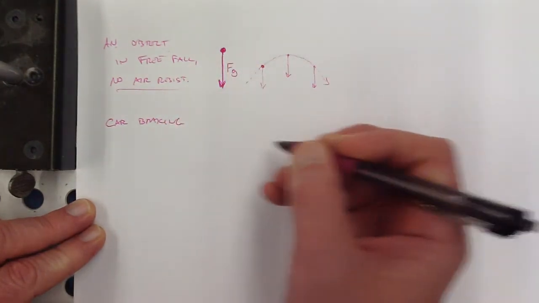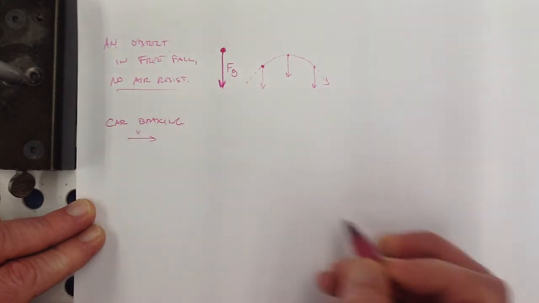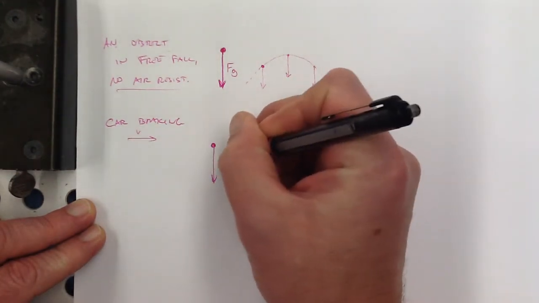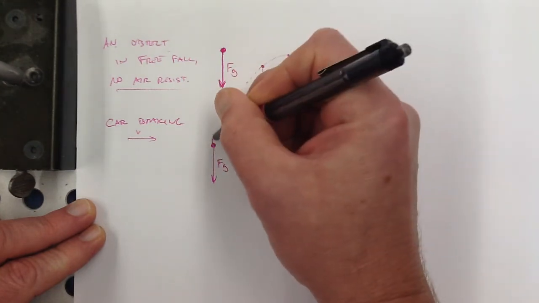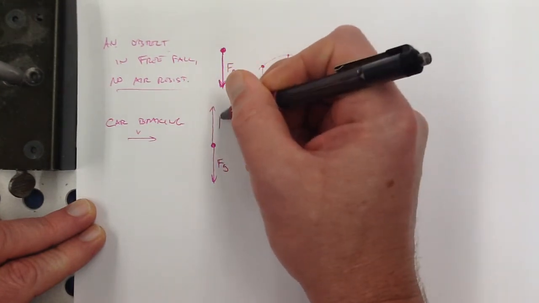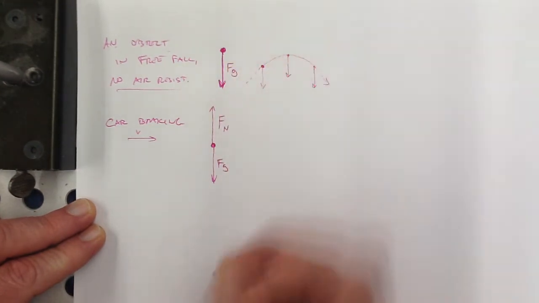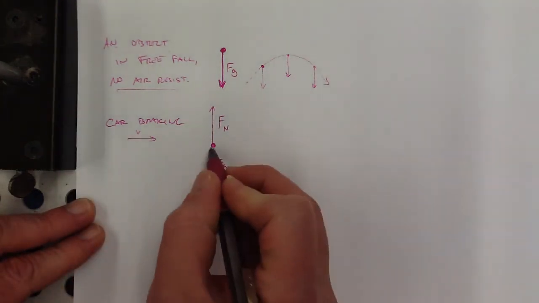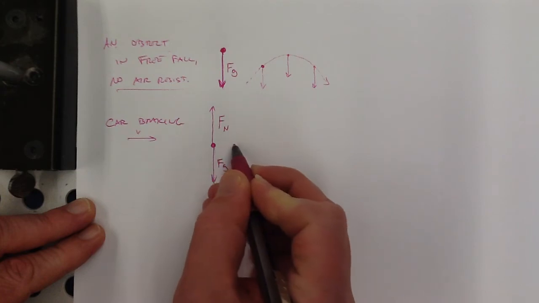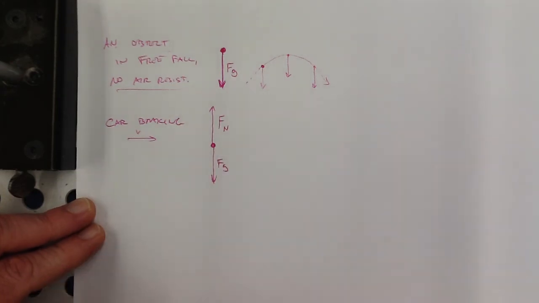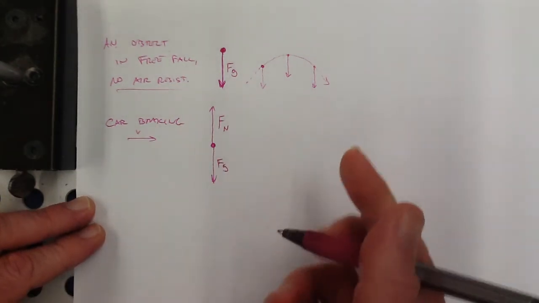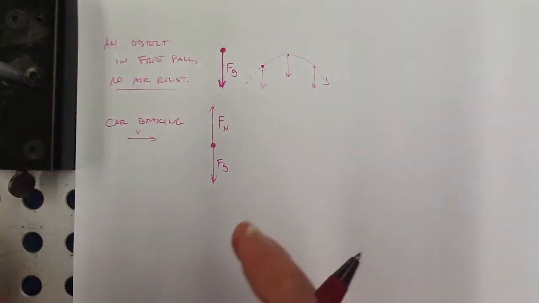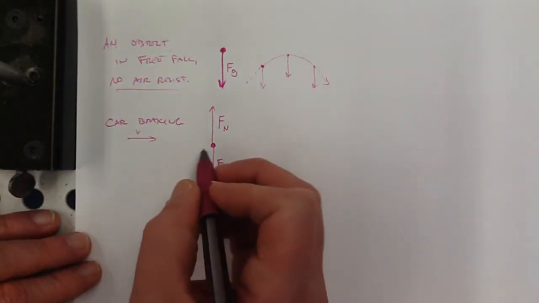How about a car braking that's going in this direction? Well, the car would have the force of gravity on it. It would have a supporting force from the road, call that a normal force. And then if it's going this way, is there a force in this direction, forward? No, unless you're holding the brake pedal down and the gas pedal at the same time. But that's really not a good idea.